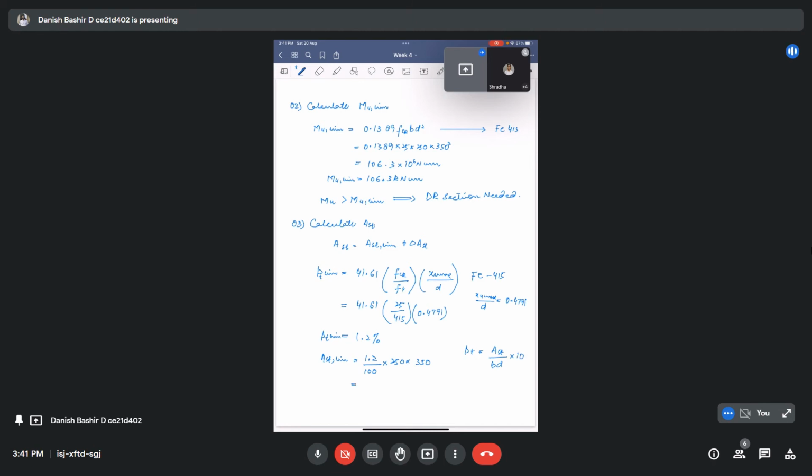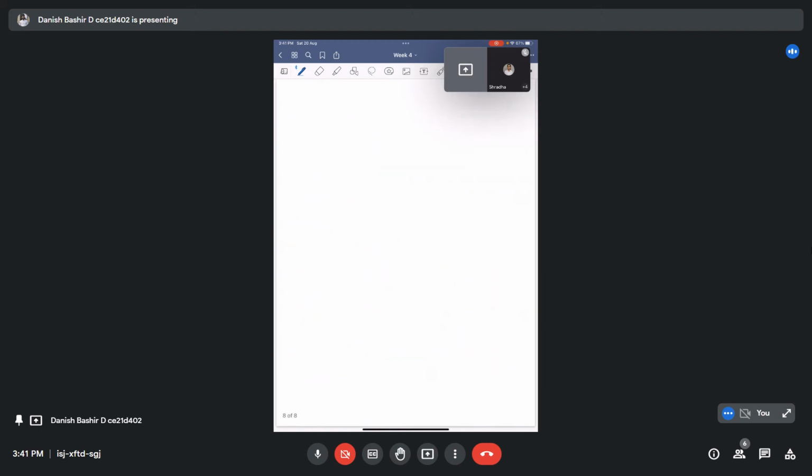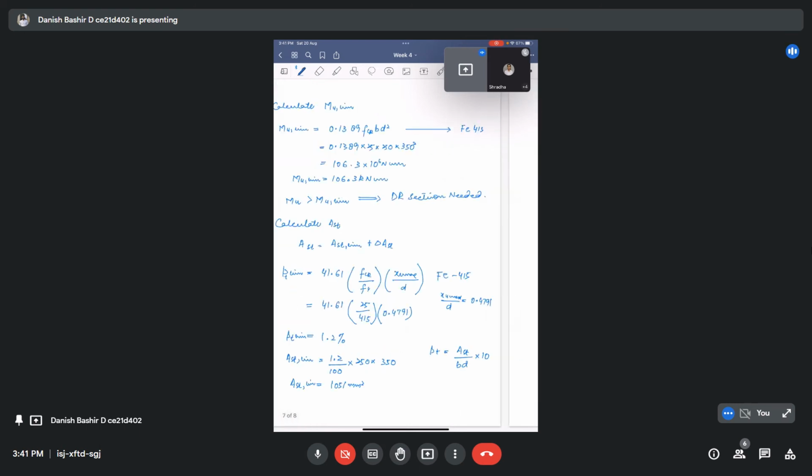So this will be equal to 1051 mm square. So this much amount of steel we have to put for the limiting section only. So we will proceed like this. Now in further formulas we also need this.